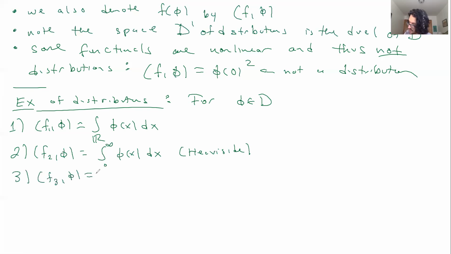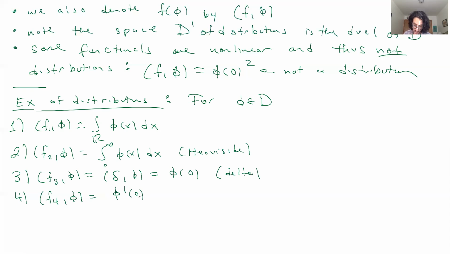Another distribution, which is probably one that's used very often, right, is the delta distribution. Another example would be phi prime of 0, which is sort of like a derivative of the delta distribution, okay?